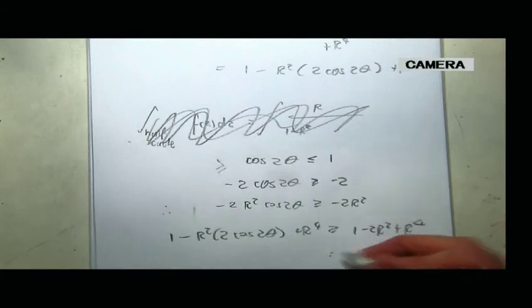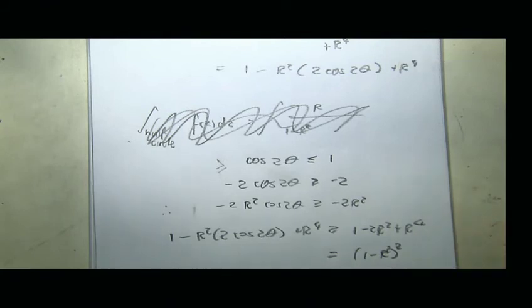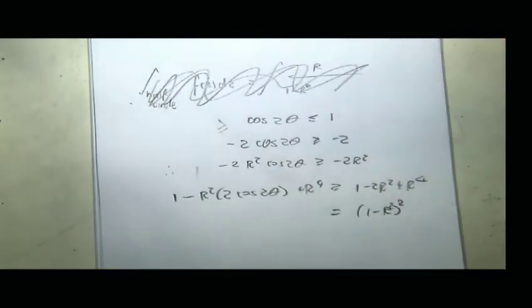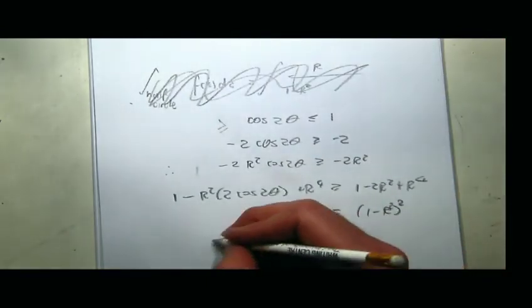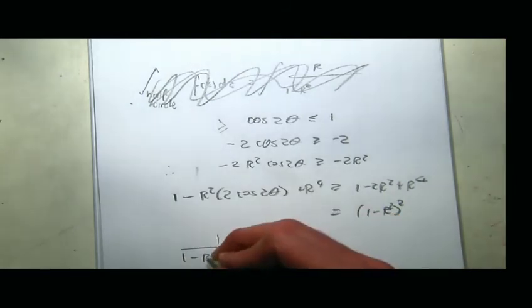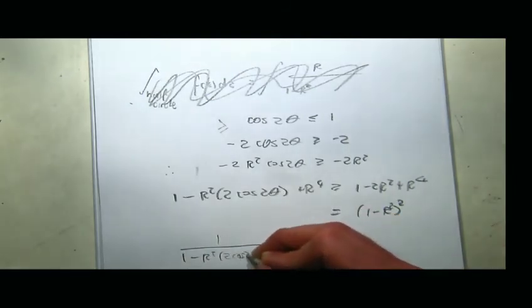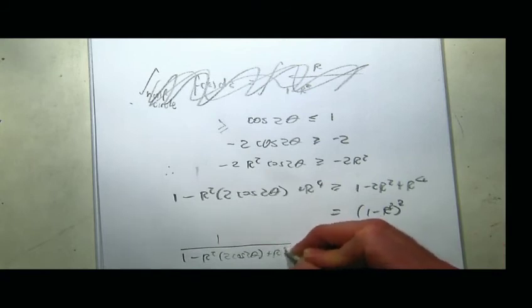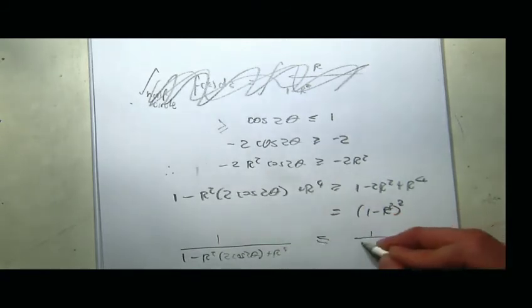Which happens to be 1 minus r squared squared, if you factorise it out. And then therefore 1 over this must be less than or equal to 1 over 1 minus r squared squared, and that's r.